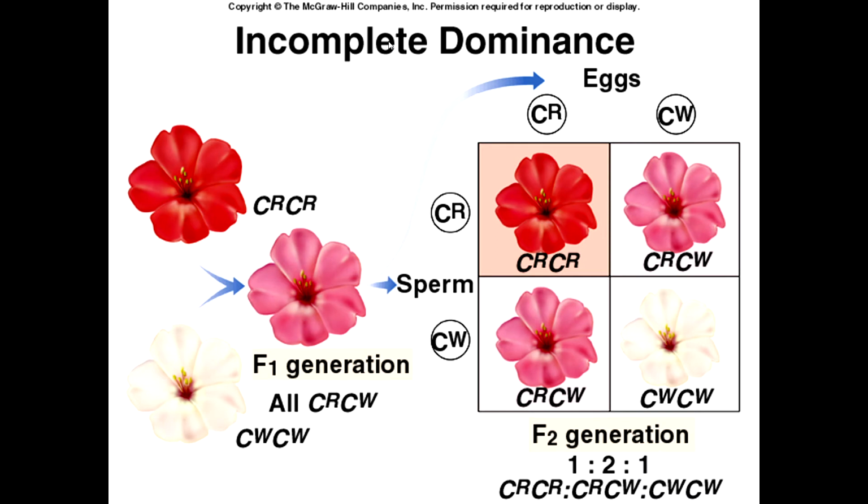So let's cross it. What's the chance of crossing a red and a white and getting a pink? If I cross a red and a white, again, I do a 2x2 box. All of these are very similar to monohybrid crosses. If it is a red, I know that's going to be A1s. We put one allele in each box. In dihybrids, remember, you put 2 alleles in each. So one allele in each box for red, and then the white would be A2s.